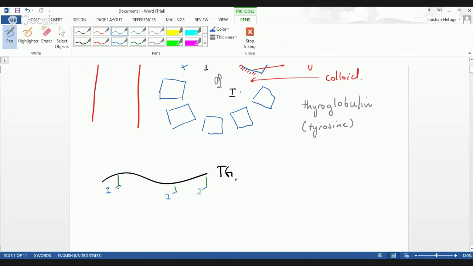Often it's two atoms. It can be 1, it can be 2, it could be either. Now, this tyrosine has just been iodinated. So we call this the organification of iodine. Iodine has been incorporated into an organic compound.